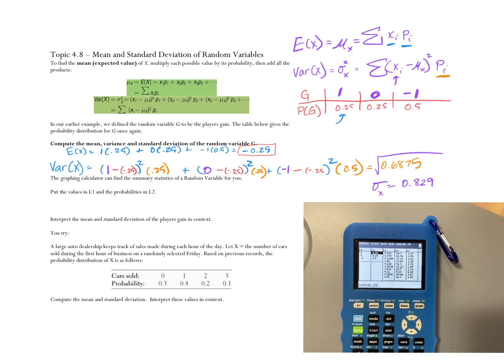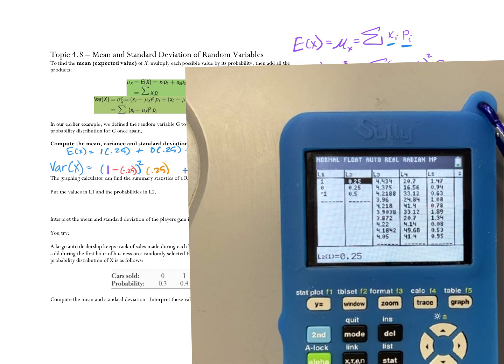And what I want to point out is, if you look, my L1 and my L2 here, in L1, I have all the possible outcomes, and then in L2, I have the probabilities of those outcomes. Is everybody comfortable so far?